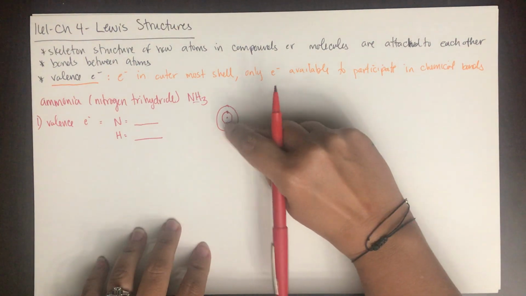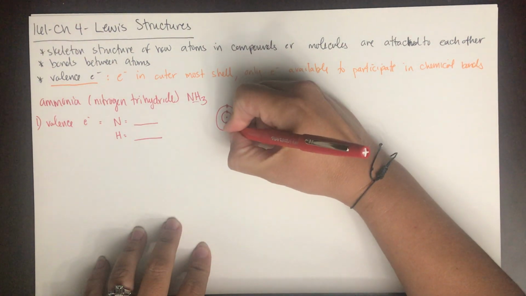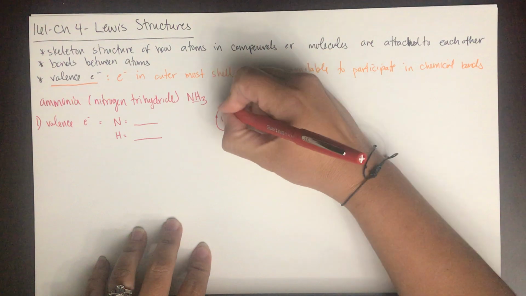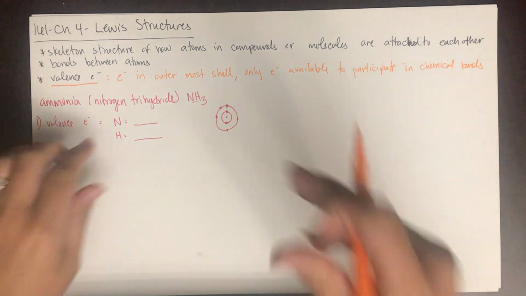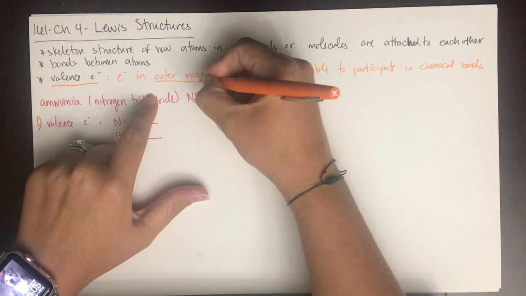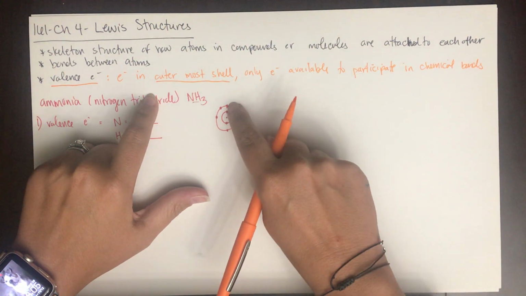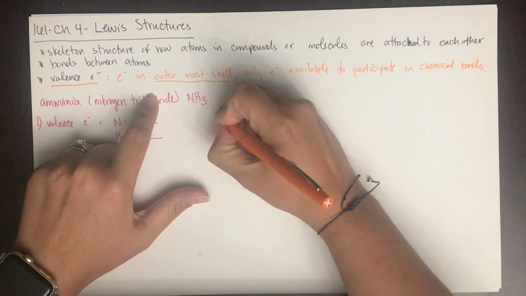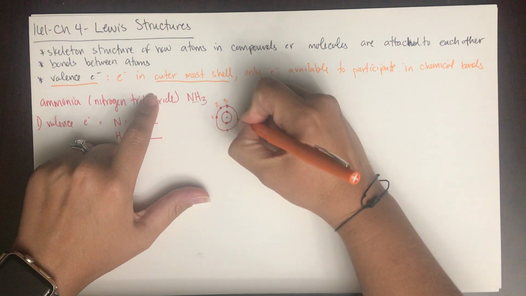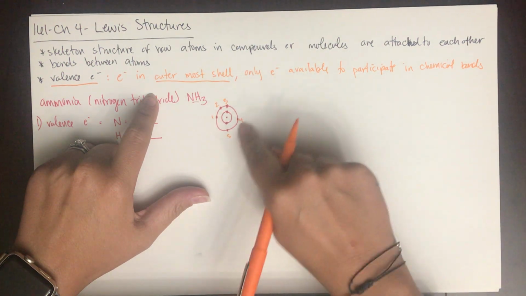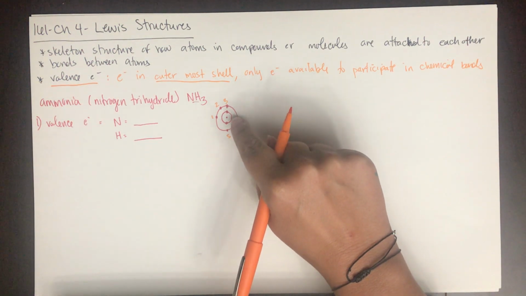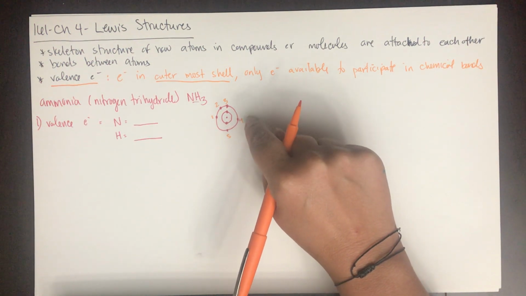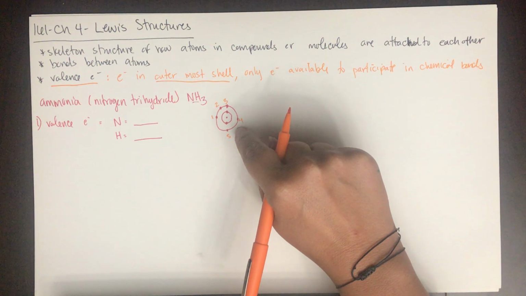Remember we said the valence electrons are the electrons in the outermost shell. So only these electrons, 1, 2, 3, 4, 5. There are 5 valence electrons here. So even though nitrogen has 7 electrons total, it has 5 valence electrons.